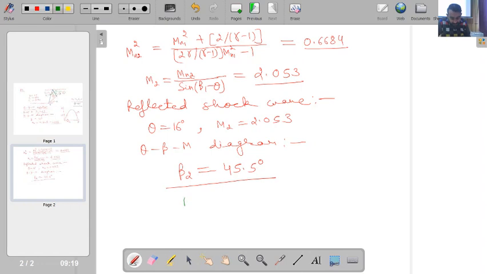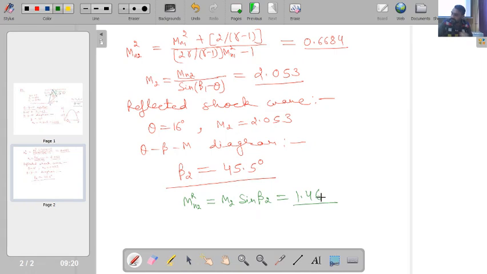So I am writing over here Mn2, and let me use a superscript R to designate that we are considering the reflected shock wave. So Mn2R will become equal to M2 times sine of beta 2. Is this point clear?